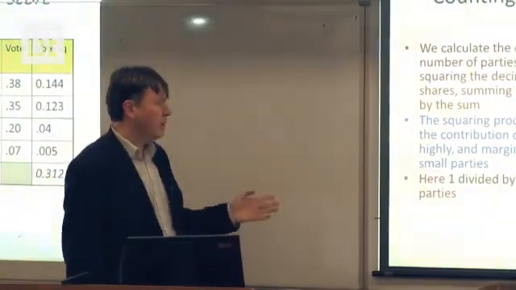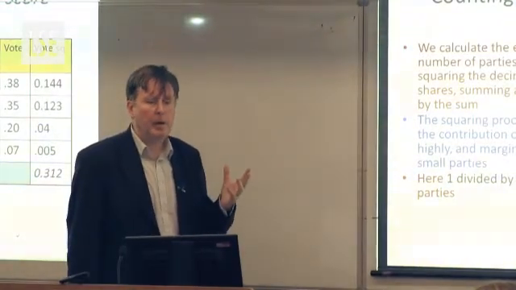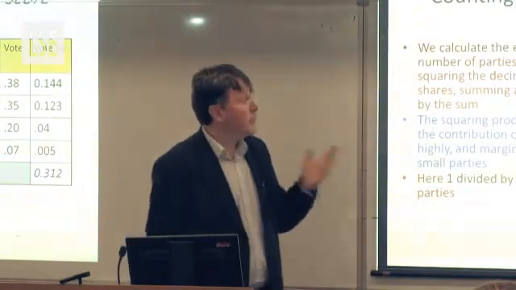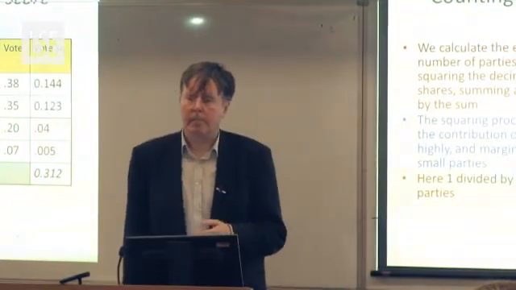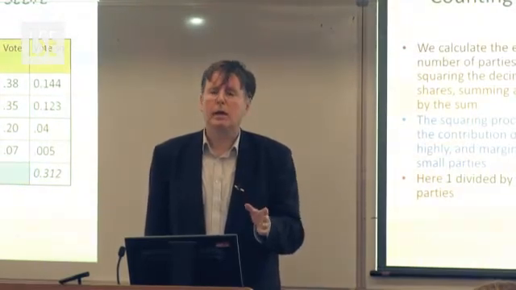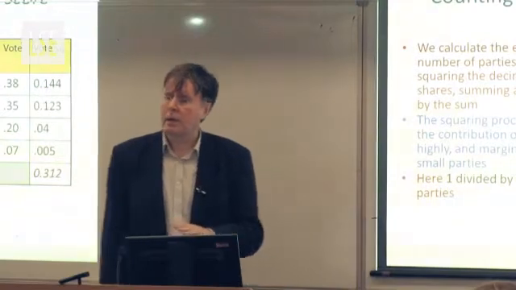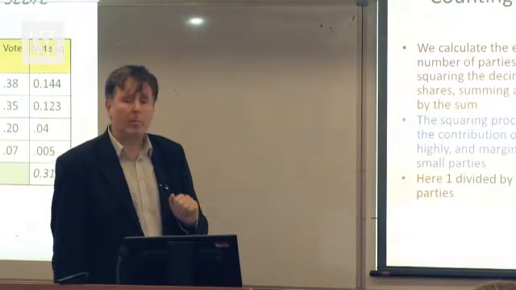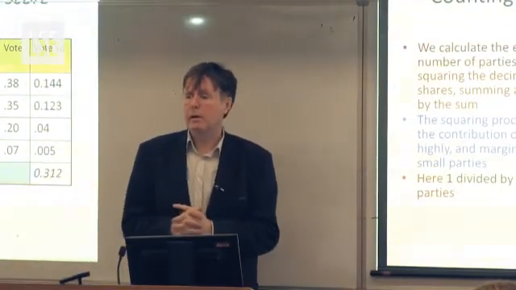And then we divide 1 by this squared amount, and we get a number for the effective number of parties. And this number is weighted towards the largest parties, so it tends to give a lot of influence to the largest party scores and tends to minimize the influence of the smaller parties on the result. So it's quite a conservative estimate of the real or effective number of parties that we have in a competition.